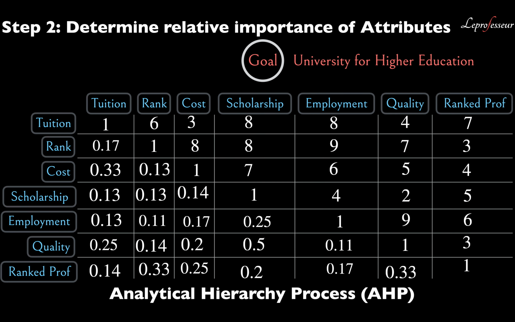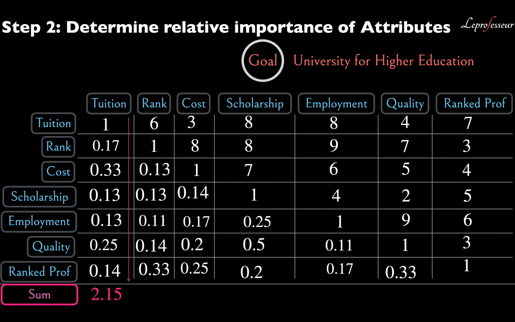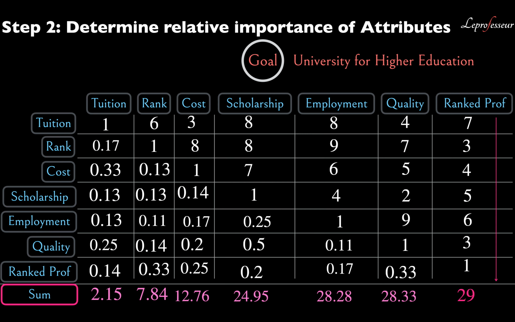All right, so let's convert it to decimal. Now the next step is to get the sum, the summation of all the column entries. As you can see here, column tuition summation is 2.15, and likewise for rank, cost, scholarship, employment, quality, rank professors.